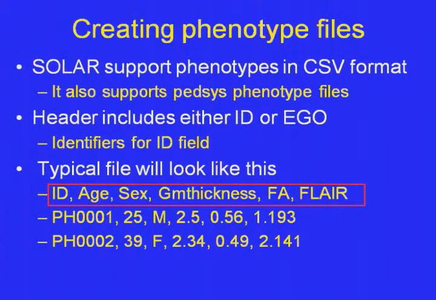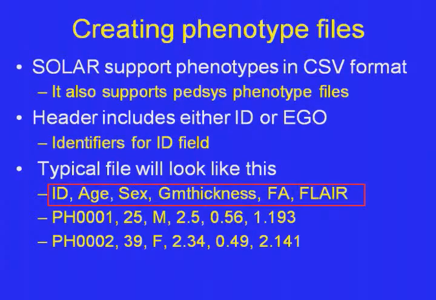But you can move that ID field to your second, third, or fourth column. It doesn't really matter for Solar purposes, but just so you know. Typically ID is used for human subjects and EGO is used for animal subjects, but for your purpose it doesn't make a whole lot of difference.